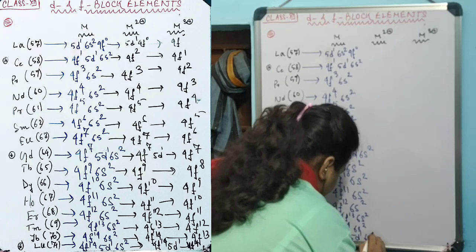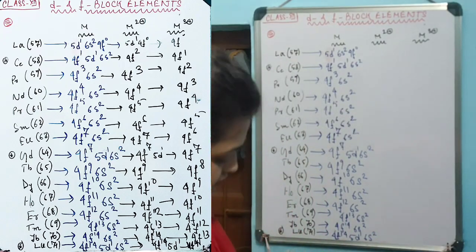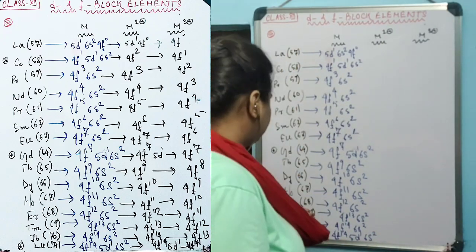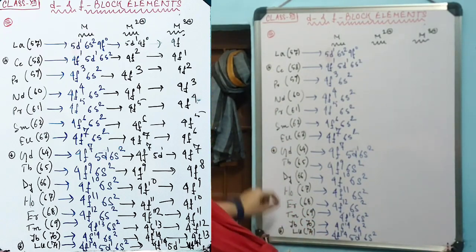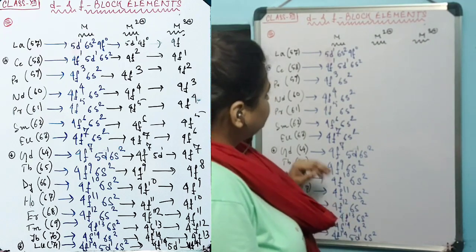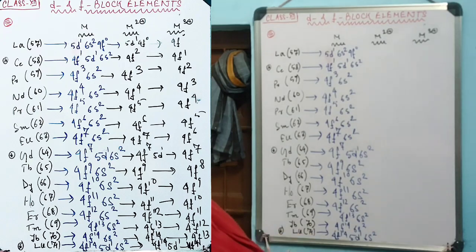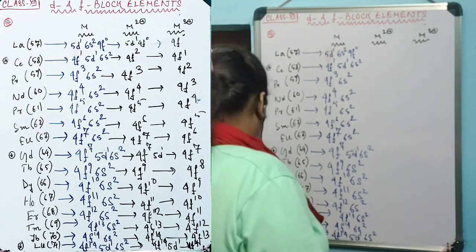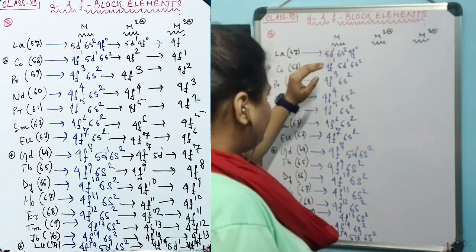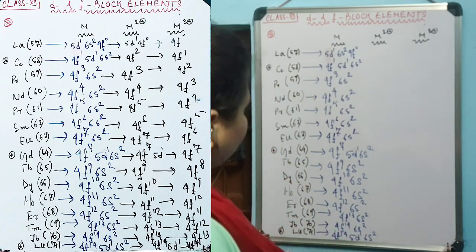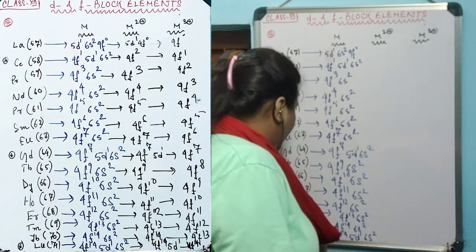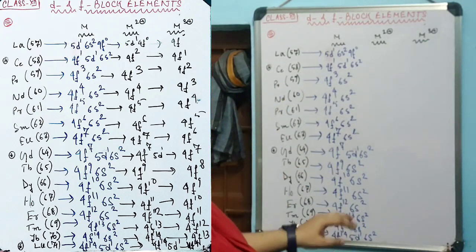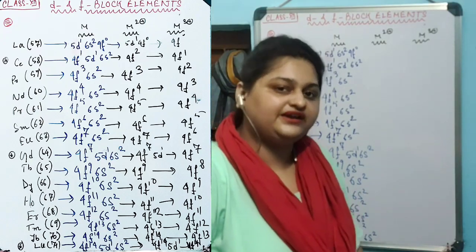5d1 6s2. Now, if you notice this electronic configuration trend, cerium, gadolinium and lutetium I have marked with a star, because in this series, starting from cerium to lutetium, the 5d orbital has one electron only in cerium, gadolinium and lutetium, and for the rest of them there is no electron in the 5d orbital.